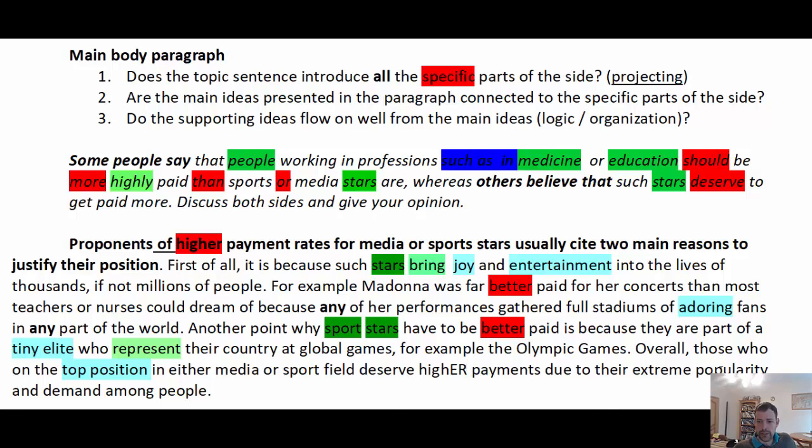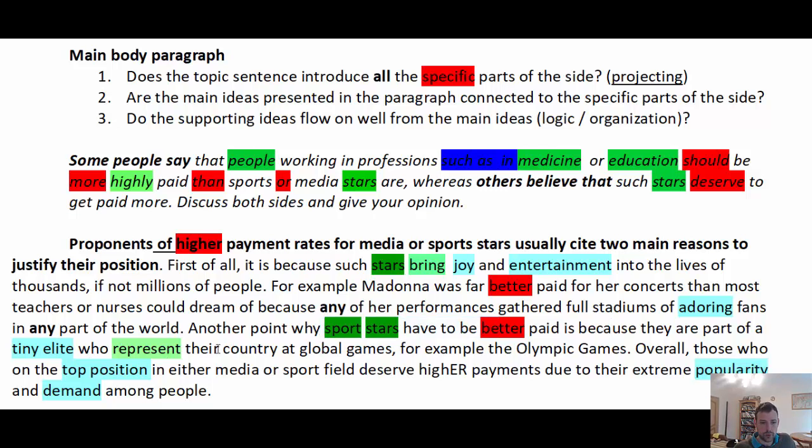The problem with this one here, you're summarizing the paragraph, you've got popularity and demand, which is true for the example of Madonna, thousands and millions. So this idea of popularity should probably go in the second one about sports stars.